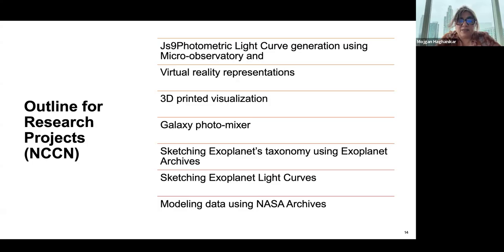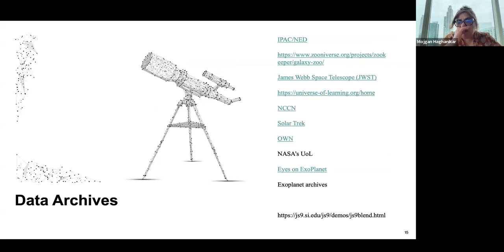They find their exoplanet taxonomy, sketching exoplanet light curves for the transit method, and modeling data for NASA archives. So I will show examples of some of these. This is the list of most of the things I use, with their links.